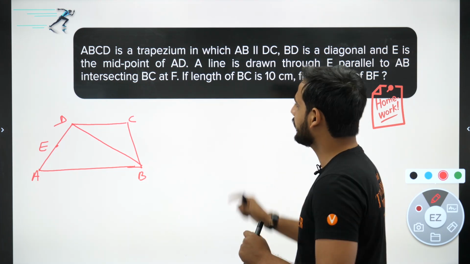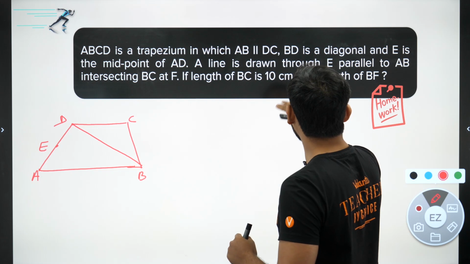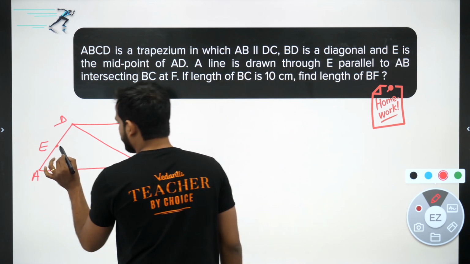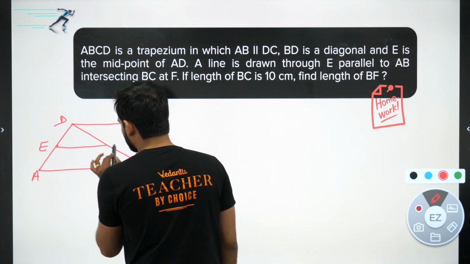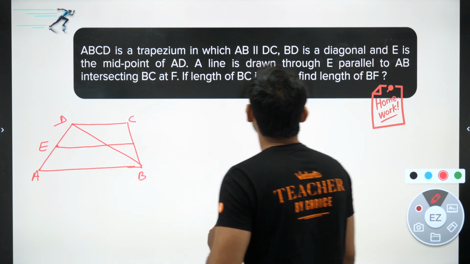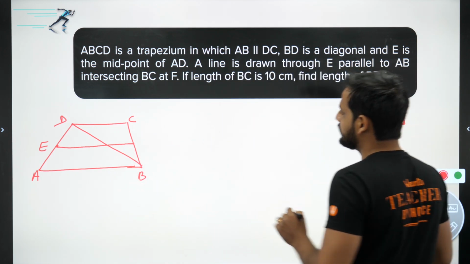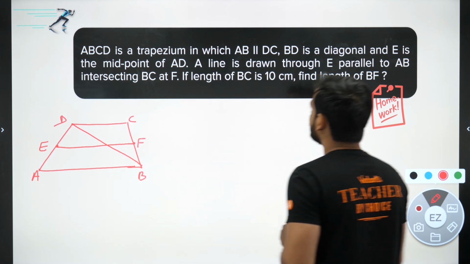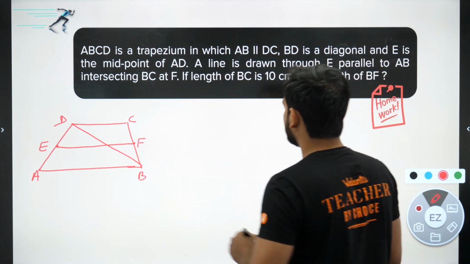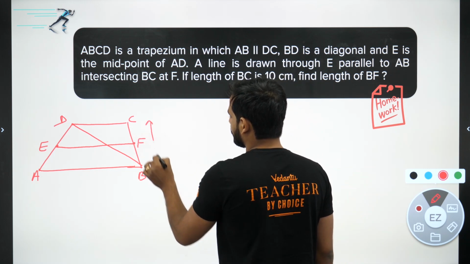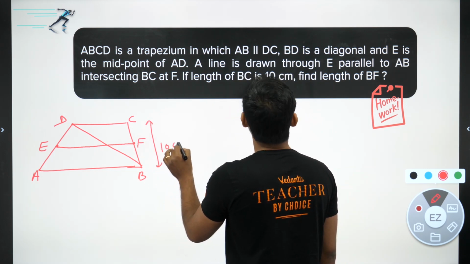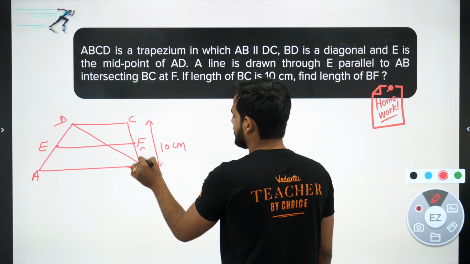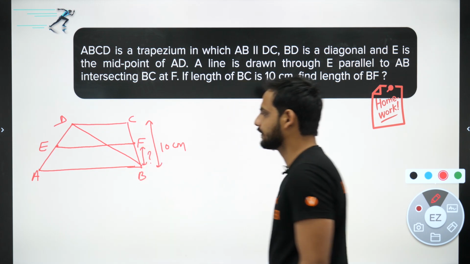A line is drawn through E parallel to AB, and this line intersects BC at F. If the length of BC is 10 centimeters, you have to find the length of BF.